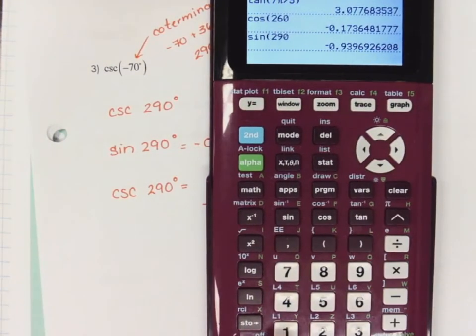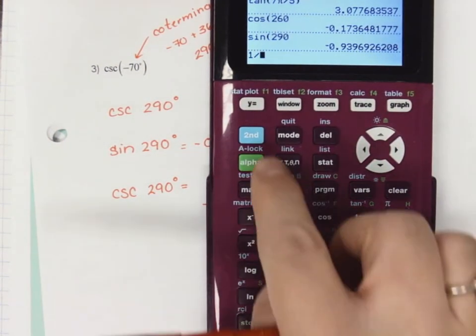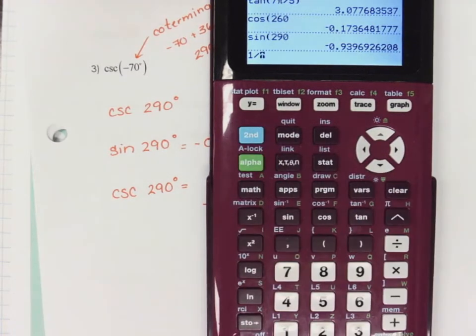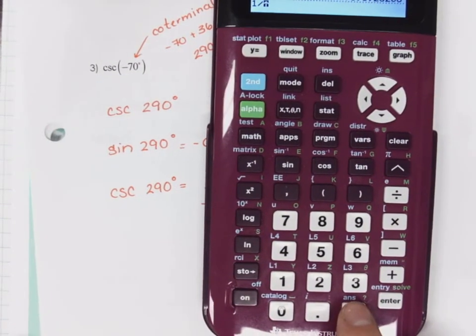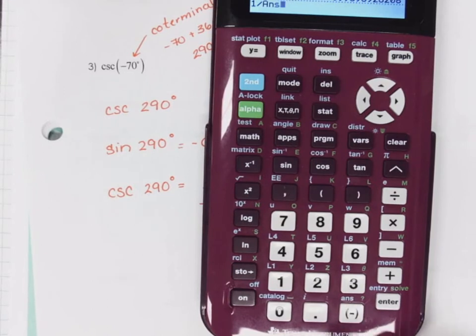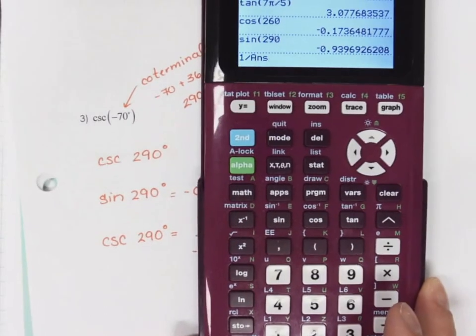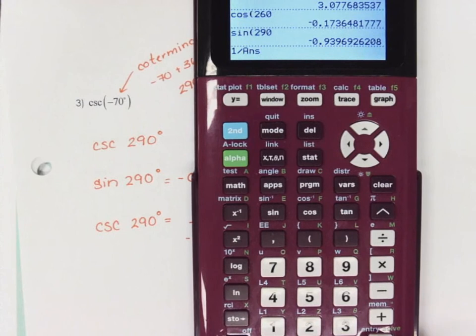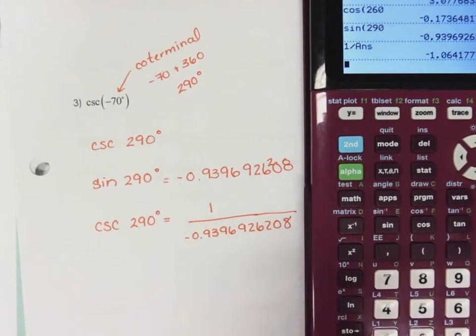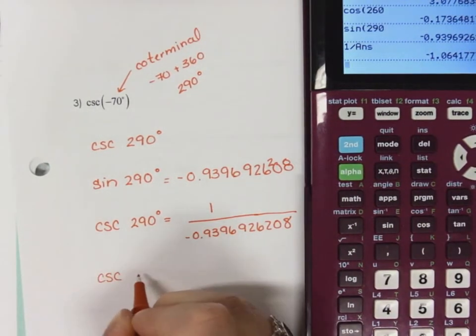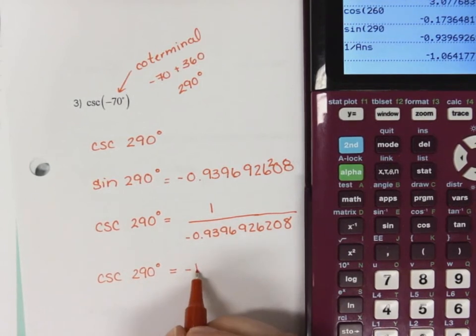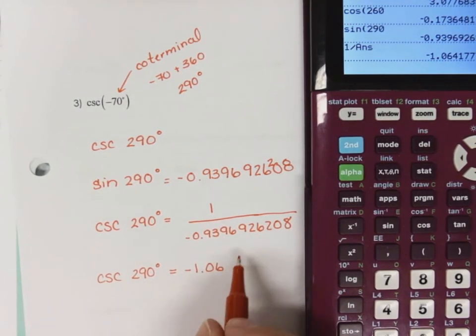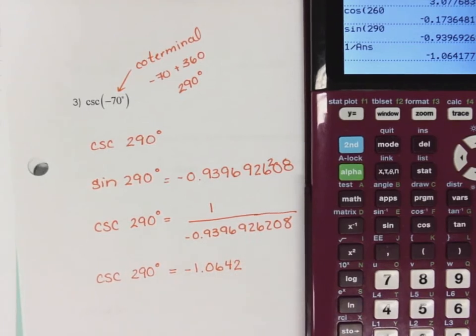Because I can simply go 1 divided by second function, and I hit my negative button and see how it says ANS above it. It pulls the answer from the previous line for me. And so cosecant of 290 degrees is negative 1.0642.